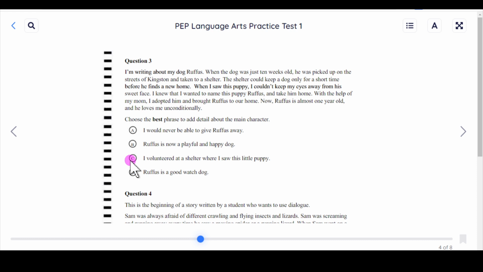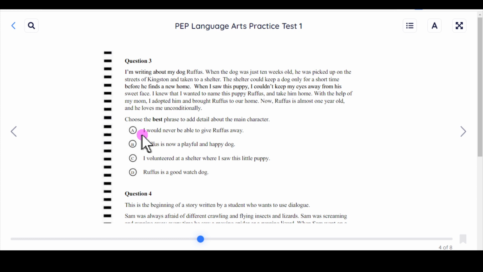All right. So, just looking at this, I would never be able to give Rufus away. This isn't about the main character. If we go back to subject and object, the subject of this sentence is I. I would never be able to give Rufus away.